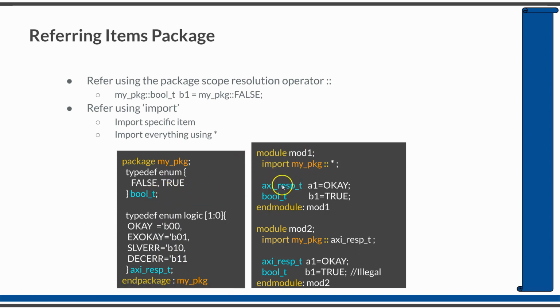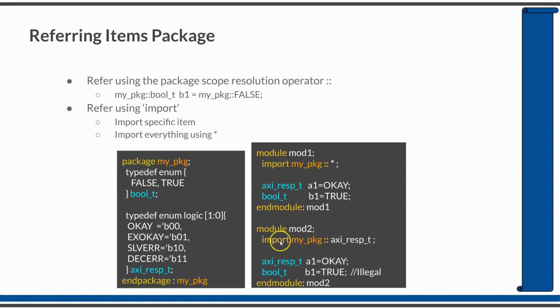So you can declare a variable of axi response type, say a1 equal to OK, and assign a value, and also you can declare this bool type variable and assign a value. If you don't want to import everything, but you are specific about importing a particular part of this package, that is also possible. Instead of the star, you just import whatever you need.